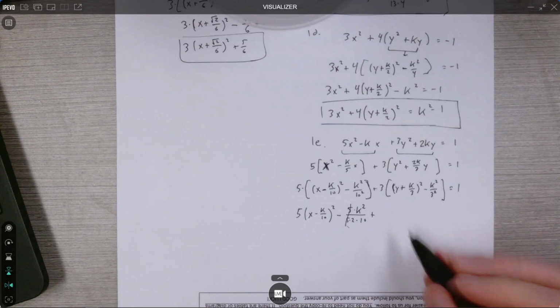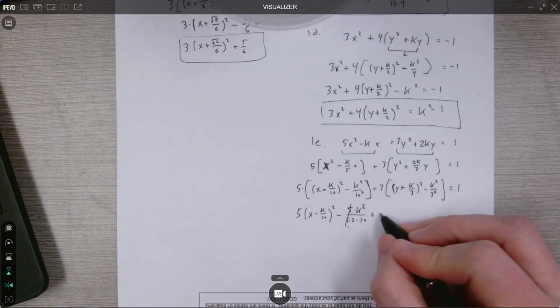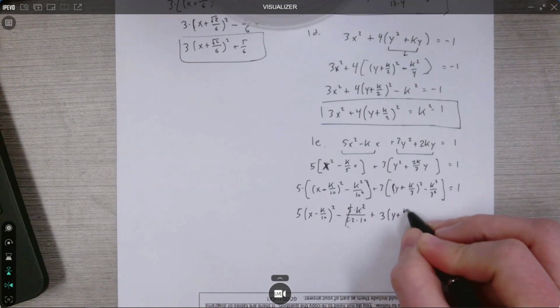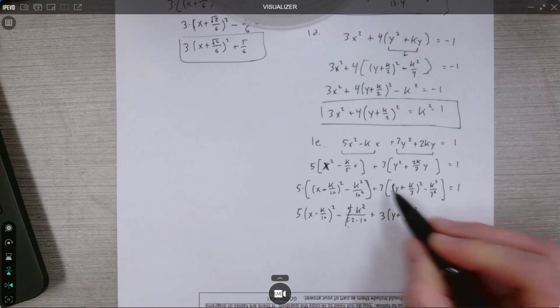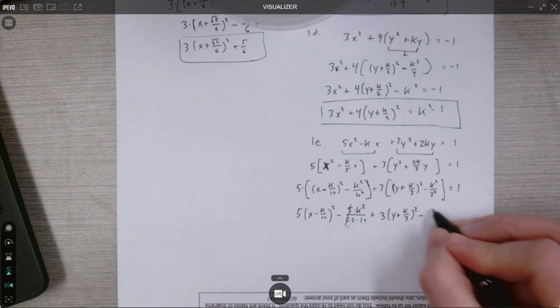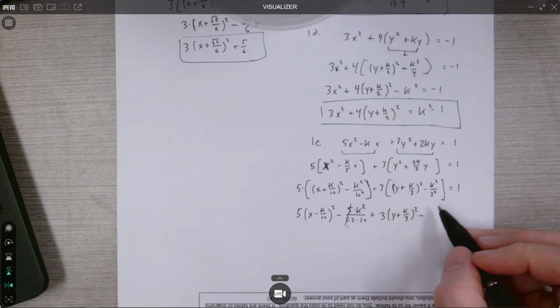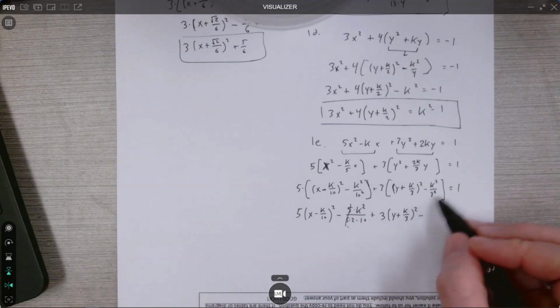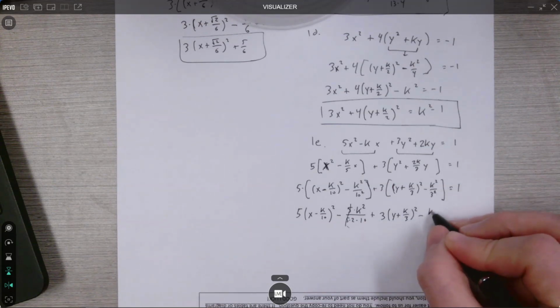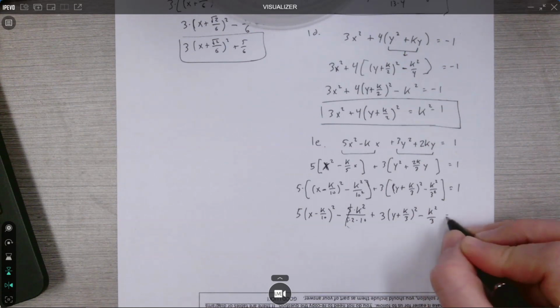And we'll simplify the rest of this in a minute. So now I'm going to distribute the 3, so that gives me 3 times y plus k over 3 squared. Let's distribute the 3 here. So now this 3 is just going to divide one of these 3s here. So that's k squared over 3 equals 1.